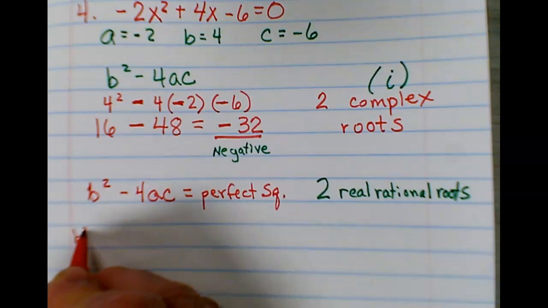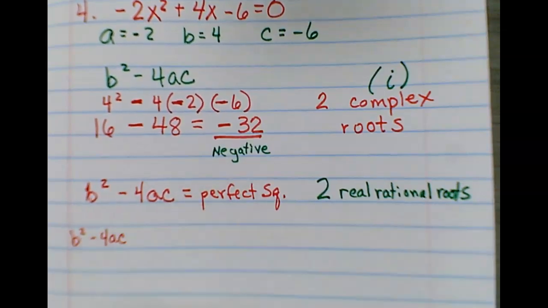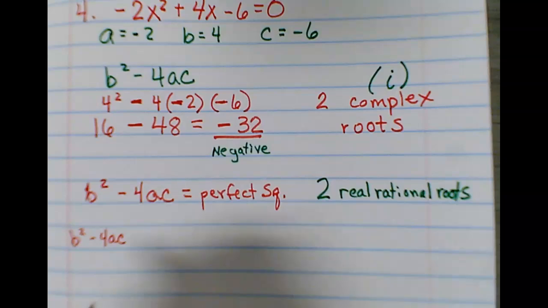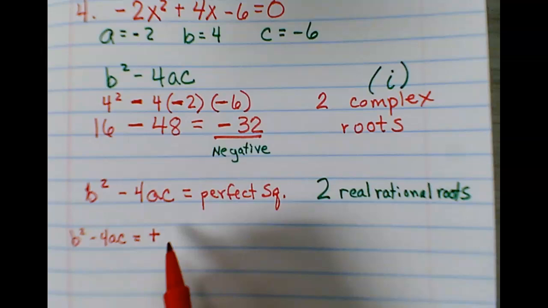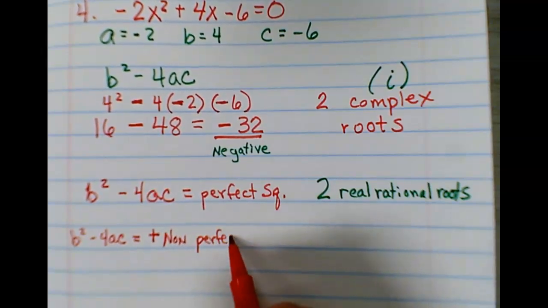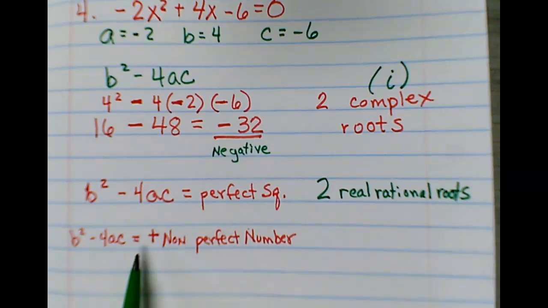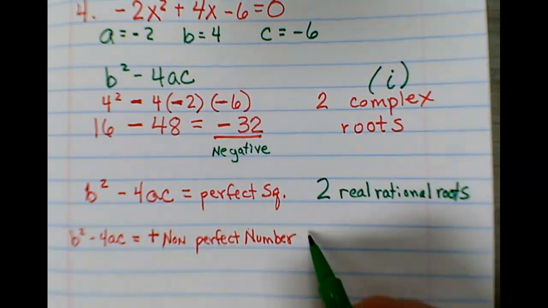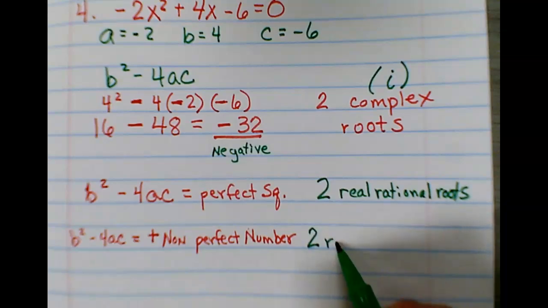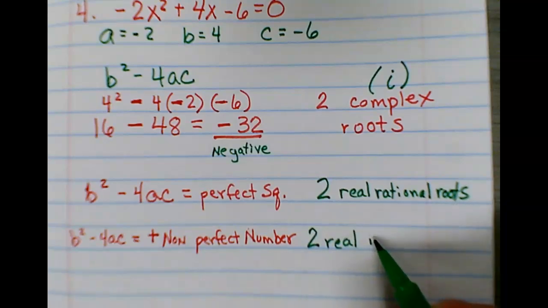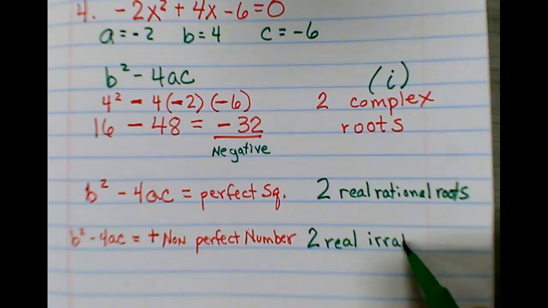If you have a B squared minus 4AC that's equal to a positive non-perfect number, it's positive, but it's not perfect, you will get 2 real, irrational roots.